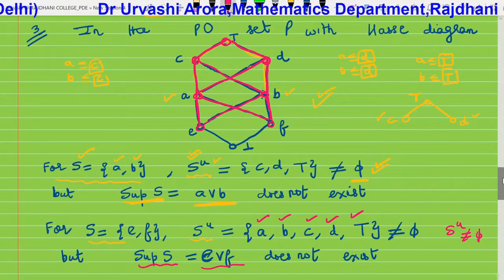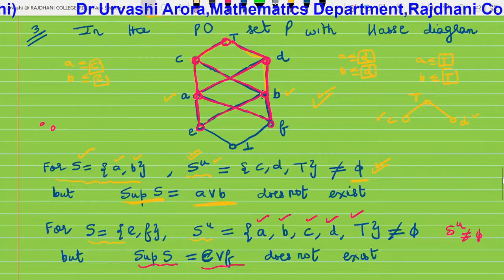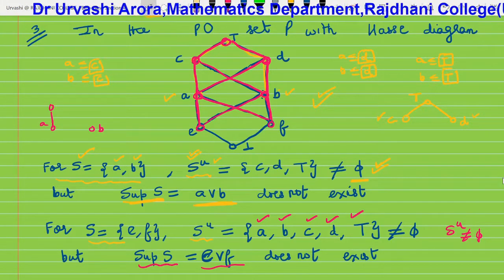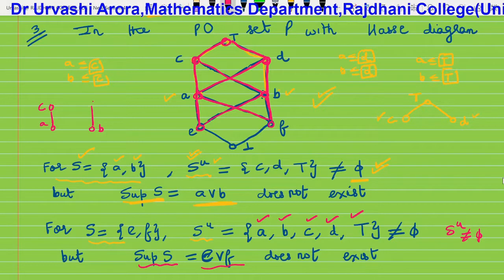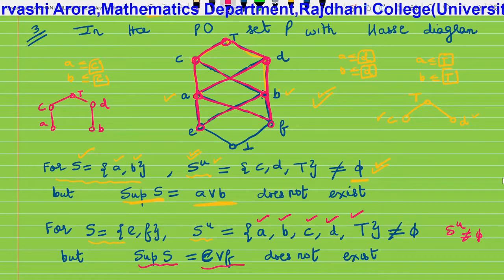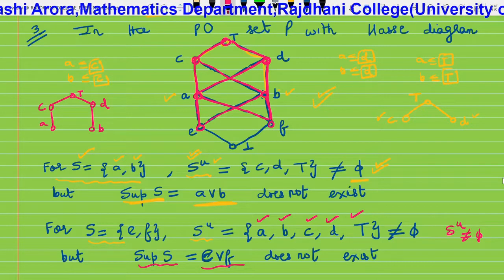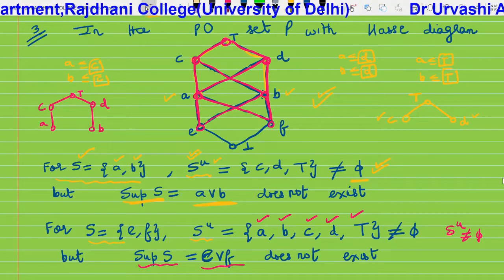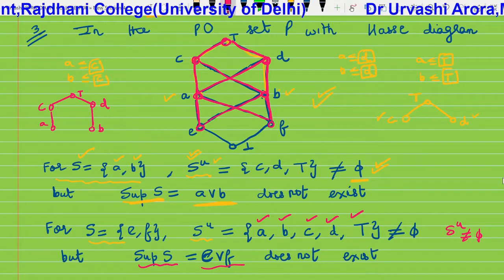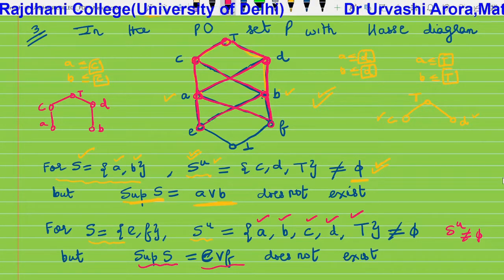These are all the upper bounds, and they are placed like this. This is A, this is B, this is C, this is D, this is T, and this is the placement. We can see that none of these upper bounds is the least.